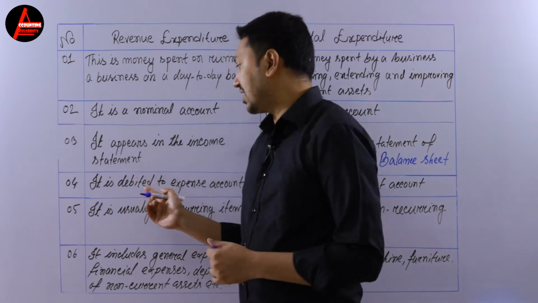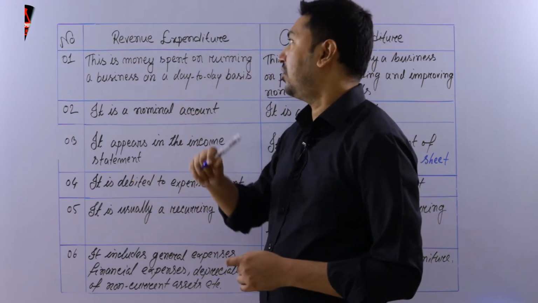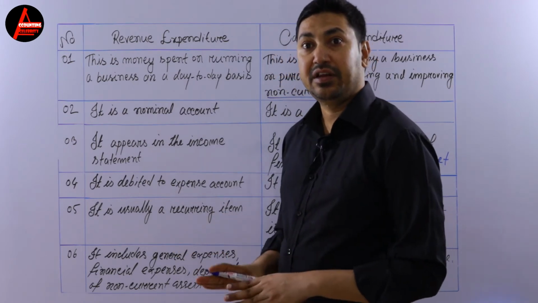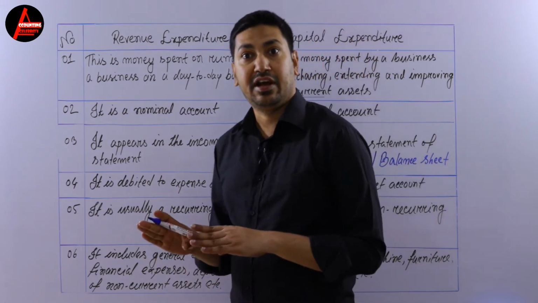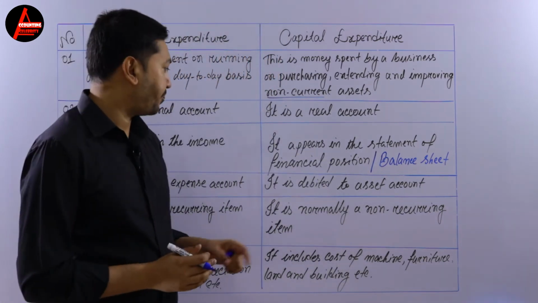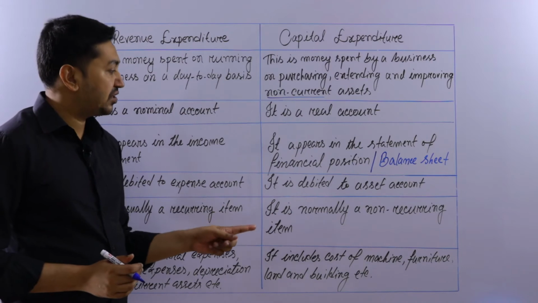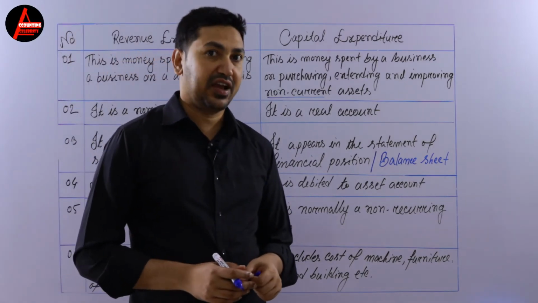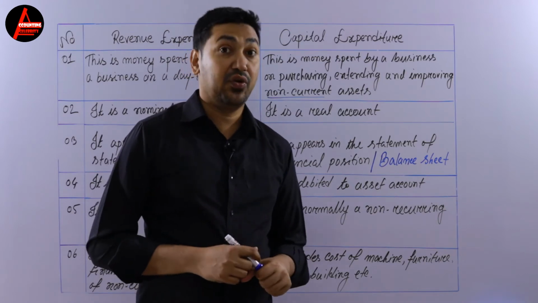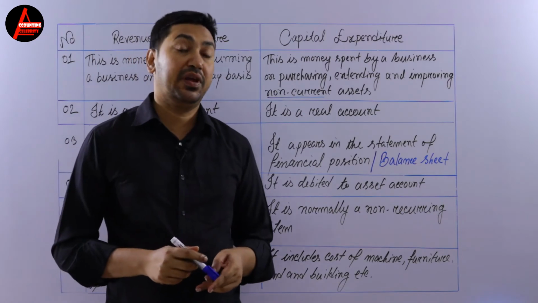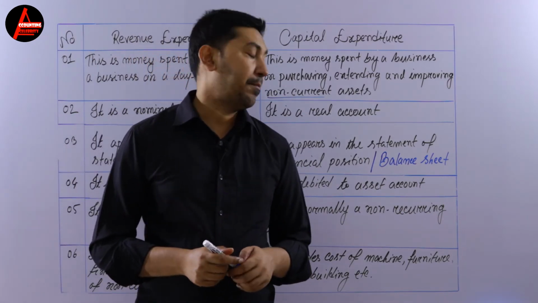As expenses are revenue expenditure, this will be debited in the respective expense ledger account. What about capital expenditure? Here it is debited to the assets account. So when an asset is purchased, this asset will be debited.